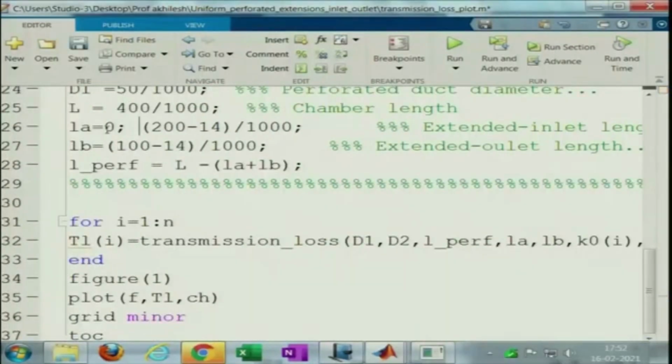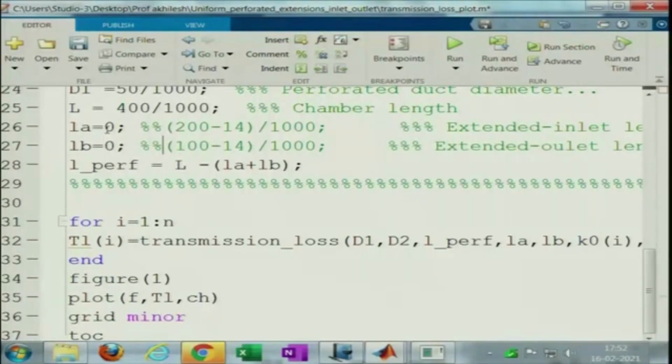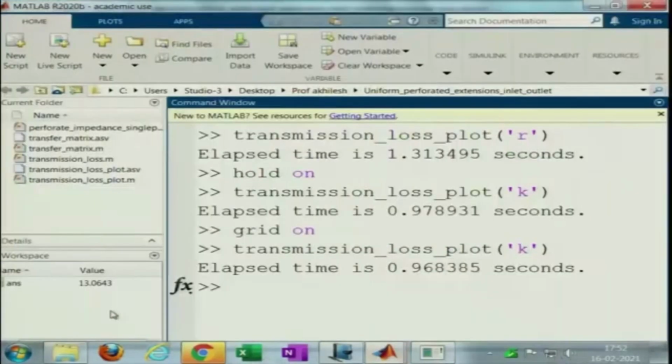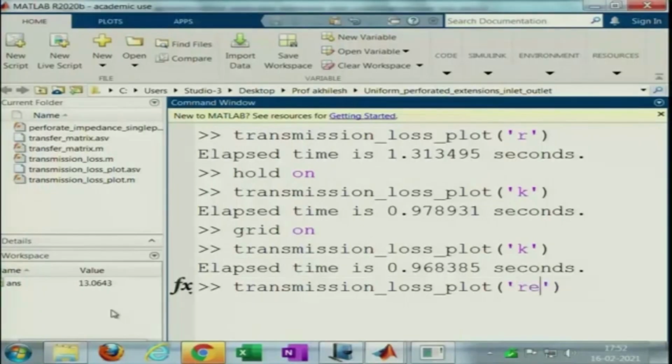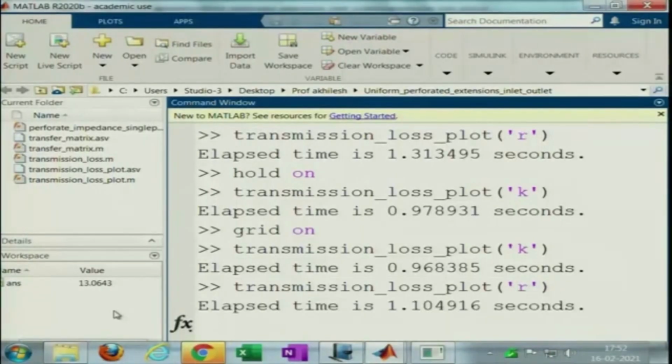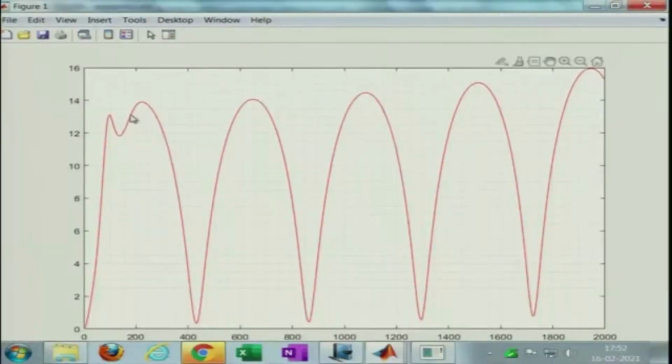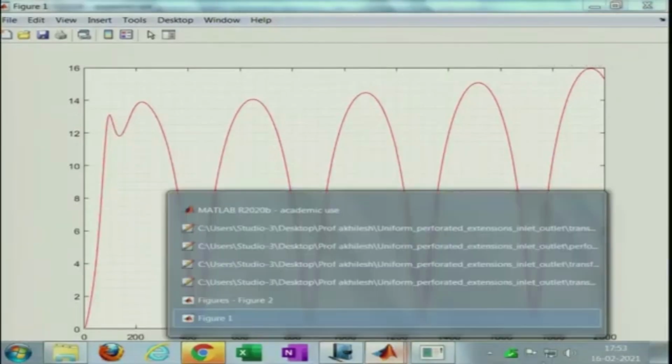0 to get a baseline case and see what happens. We start getting these wiggles or these peaks.